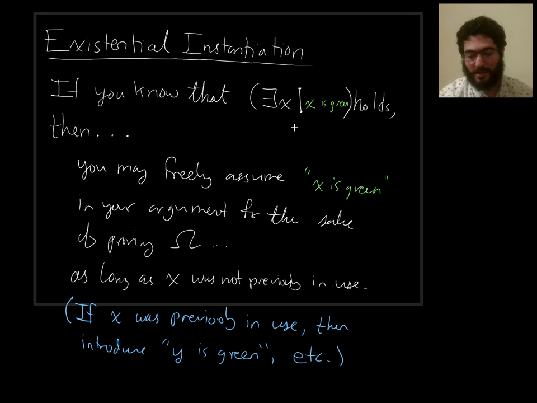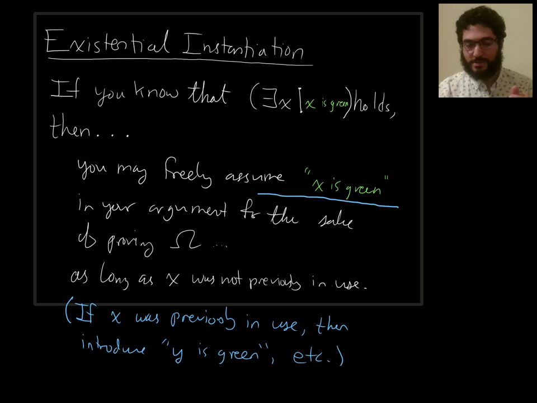This is the way I think about it: if me and the reader of the proof both agree that there exists a green thing, we both agree that something is green, and we don't necessarily know what that something is, and I want to convince the reader that omega is true, then I can tell the reader, look, we both know something is green, so let's just give it a name, x.